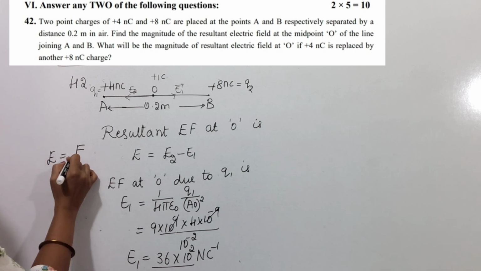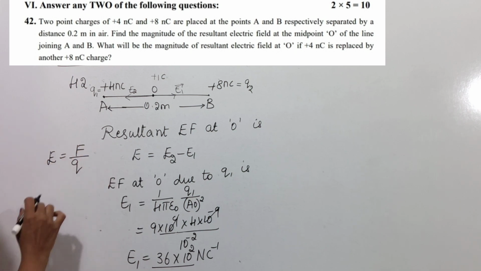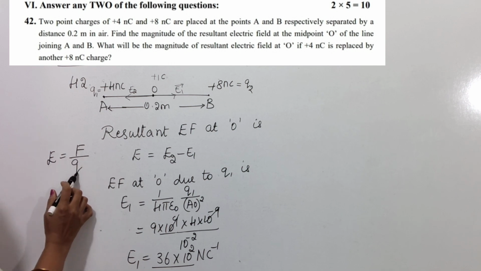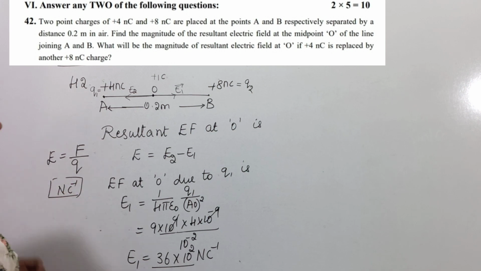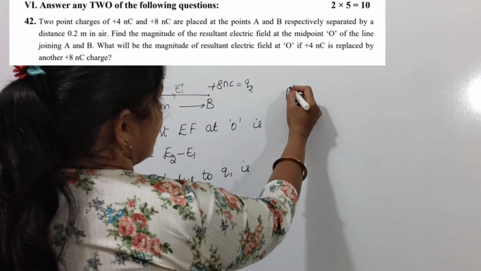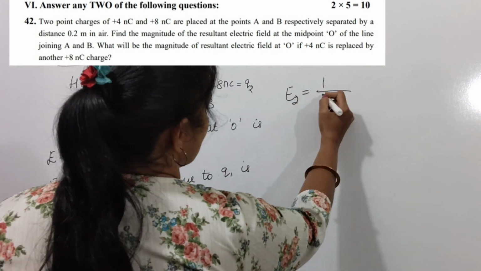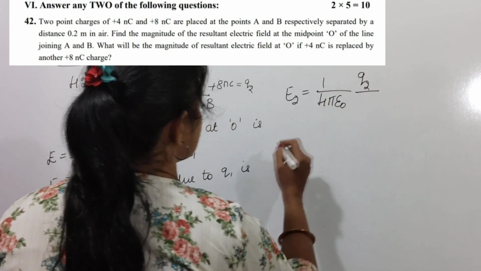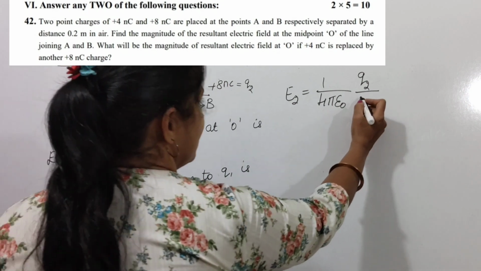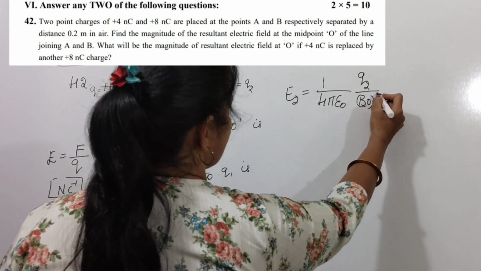because electric field is nothing but the electrostatic force acting on a unit positive test charge. So newton per coulomb is the SI unit of electric field. Similarly, let us calculate E2. E2 is 1 by 4 pi epsilon naught times Q2 by the distance, the distance from B to O, whole squared.